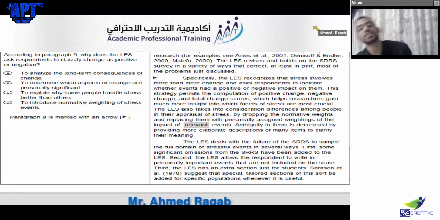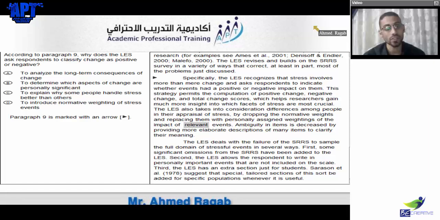Now, according to paragraph 9, why does the LES ask respondents to classify change as positive or negative? So, specifically, the LES recognizes that stress involves more than change and asks respondents to indicate whether events had a positive or negative impact on them. Very nice. This strategy permits the computation of positive change, negative change, and total change score.